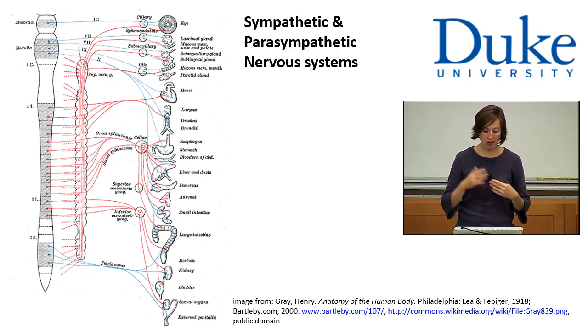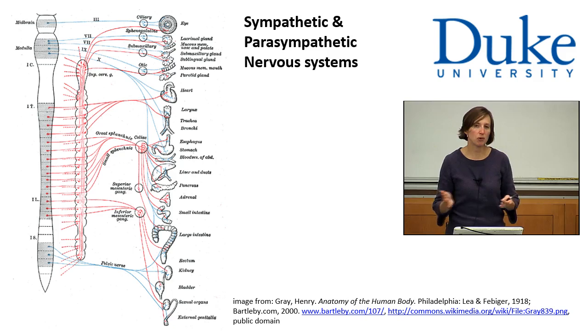And so then you have the parasympathetic system, which is going to be more active during times of rest and digestion. So your heart rate will be slower and your digestive system will be active.